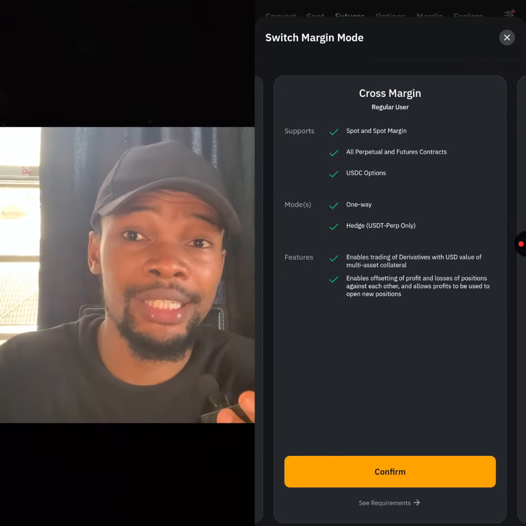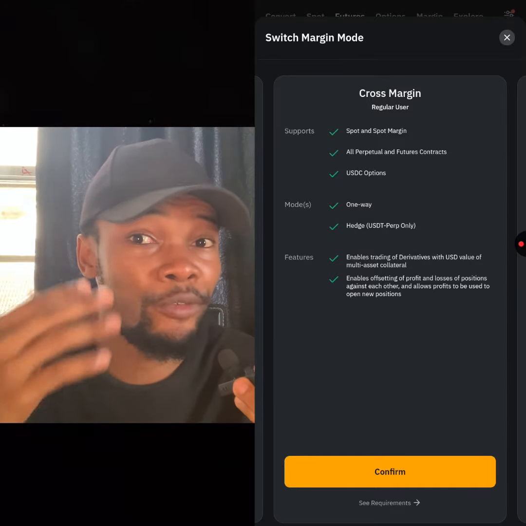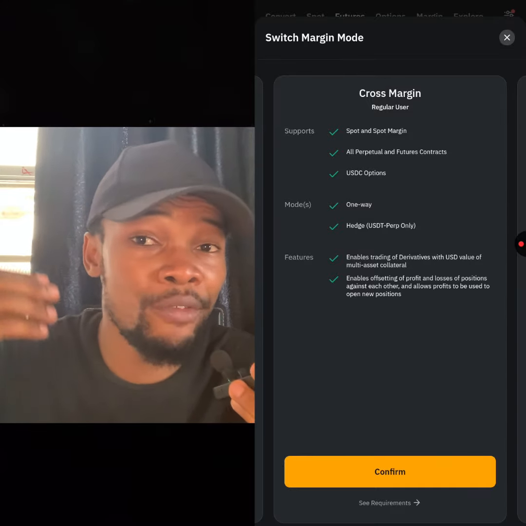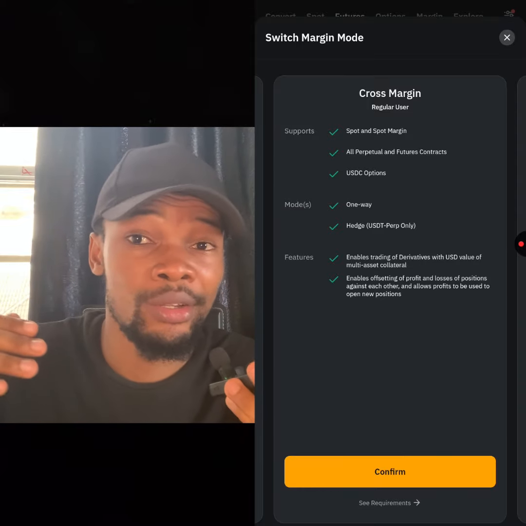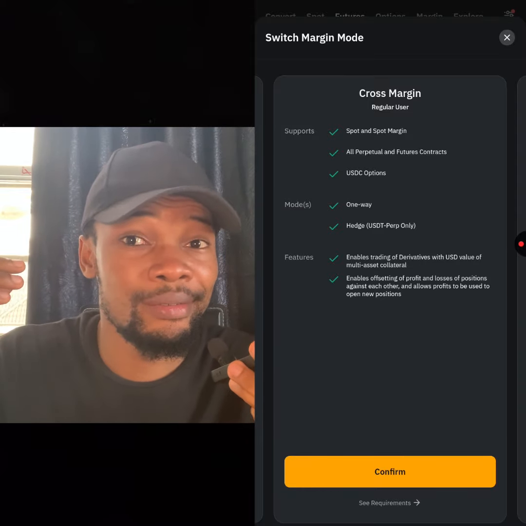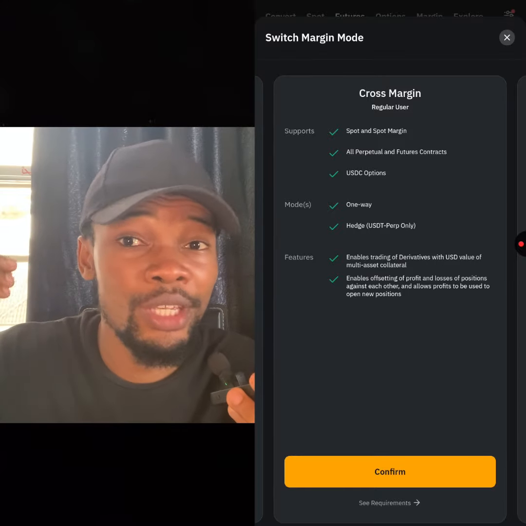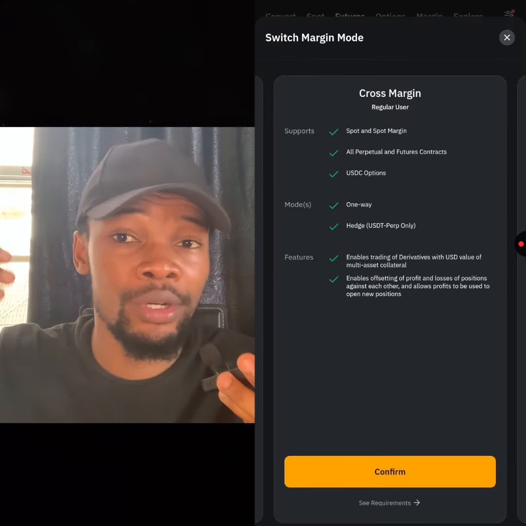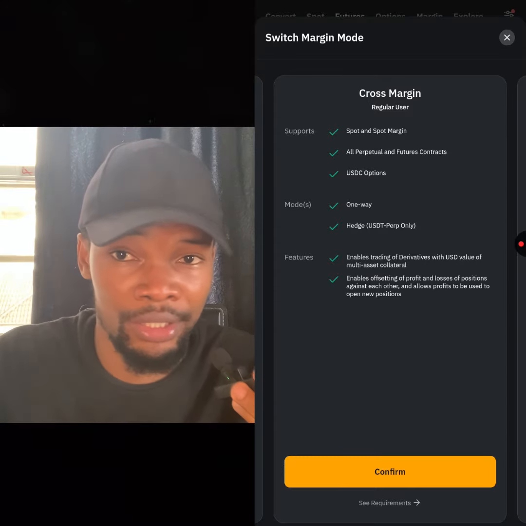But cross margin simply means that whatever amount you have, let's say you have $100 and you are trading with $10, if your $10 is lost, it will eat into your remaining $90 and keep eating until that money is completely gone.